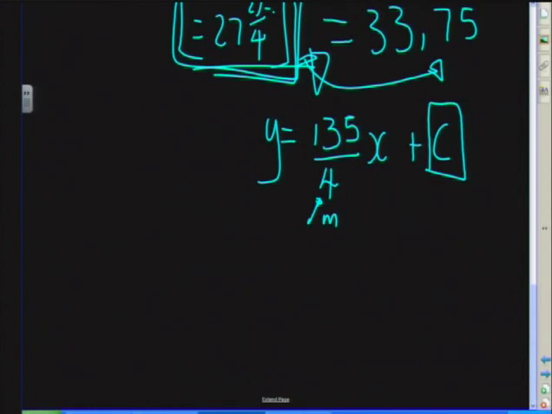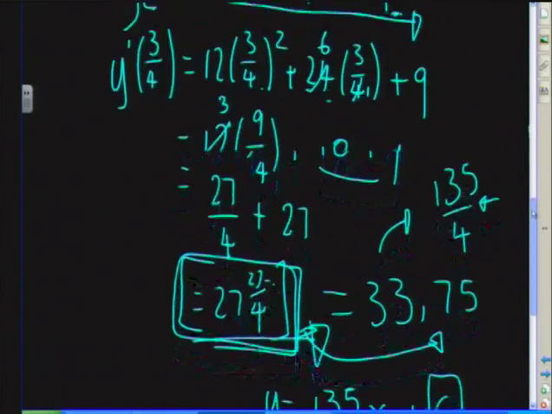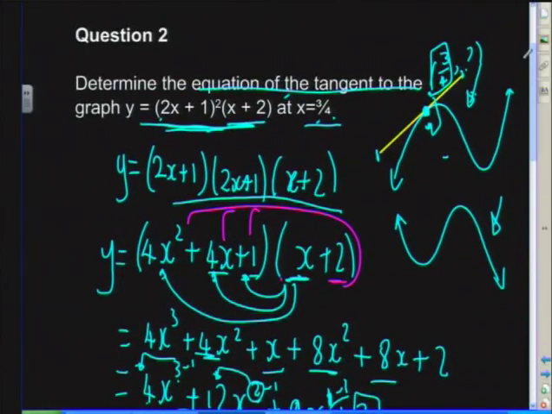In order to find c, we need to know what the y value is at the point of contact. All we've got is 3 over 4, and we don't know what y is. So if I want to find the y value, I simply need to use my equation, which was given to me as y is equal to 2x plus 1 squared times x plus 2.